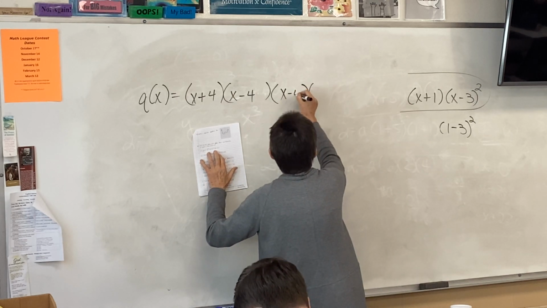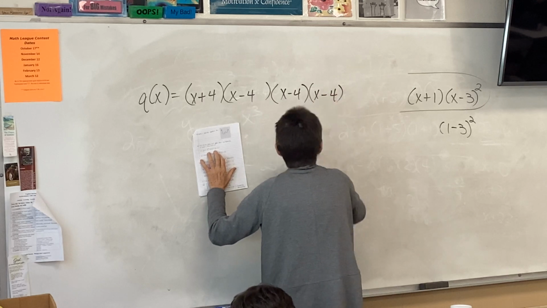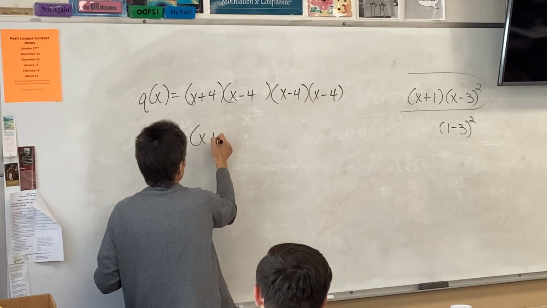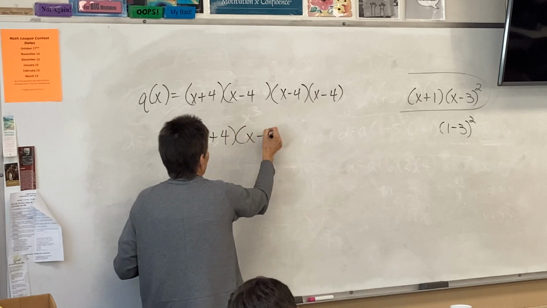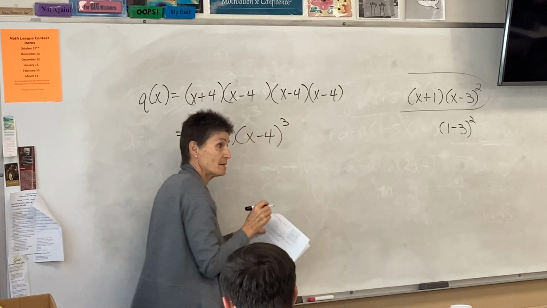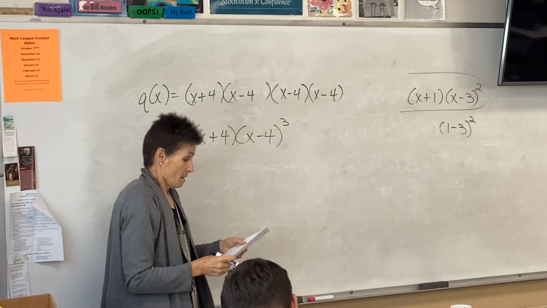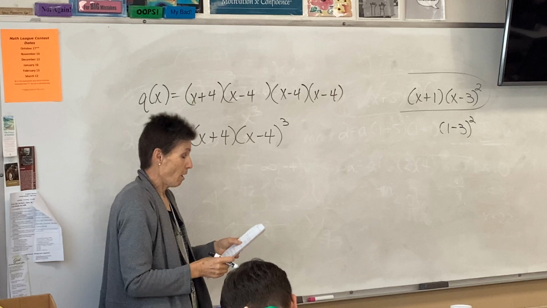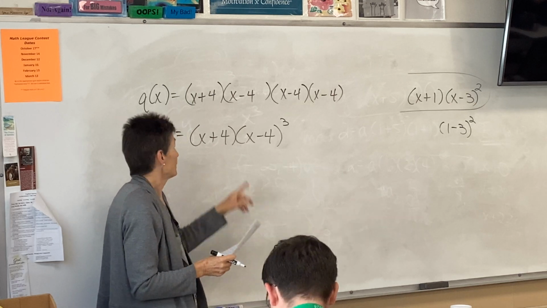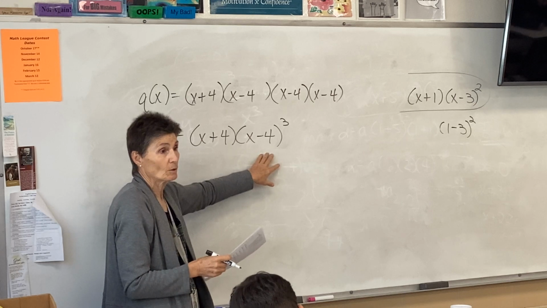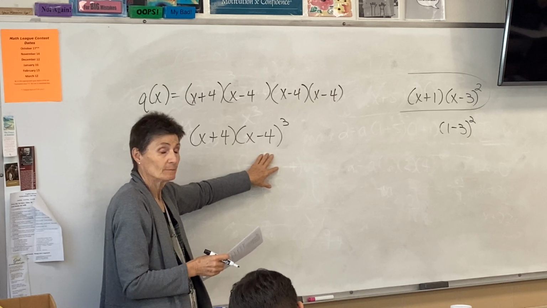X minus 4, x minus 4, x minus 4 squared, perfect. So all together, we got an x plus 4 and 3 x minus 4s. So our zeros are -4 and 4, and 4 has a multiplicity of 3.